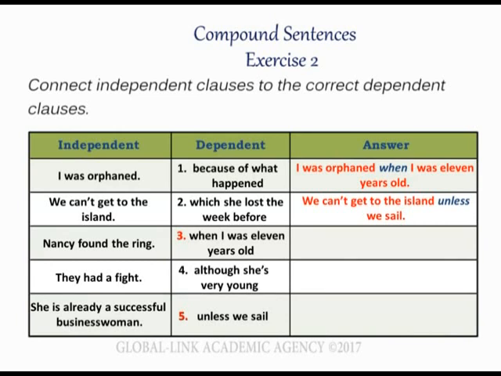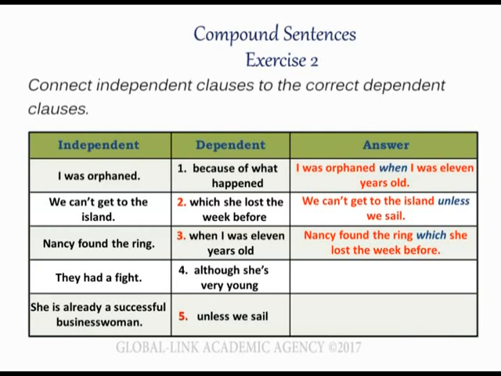The third one, Nancy found the ring. The correct dependent clause is number 2, which she lost the week before. Nancy found the ring which she lost the week before. The fourth one, they had a fight.